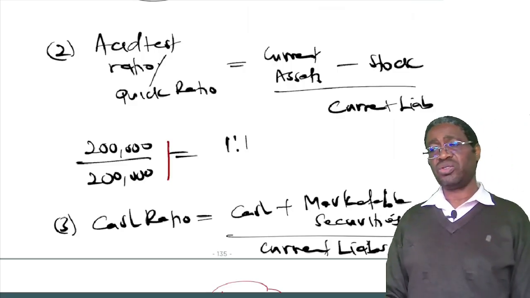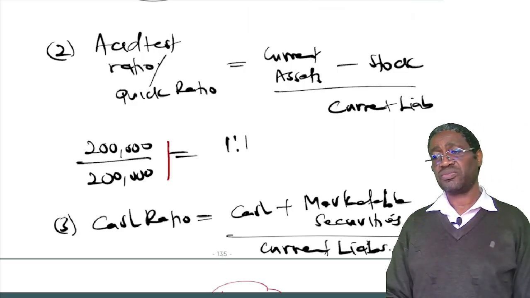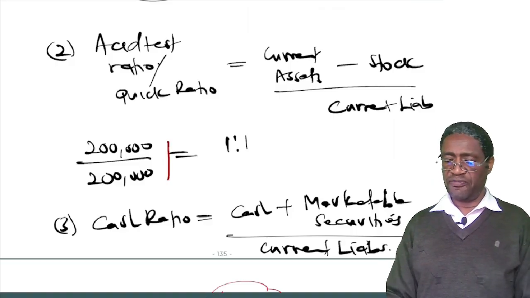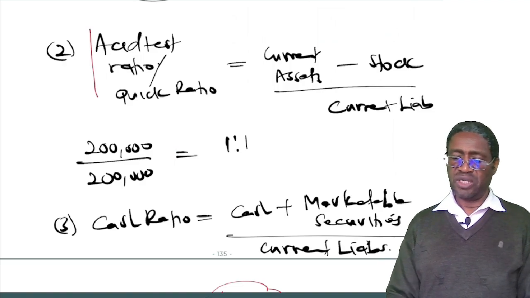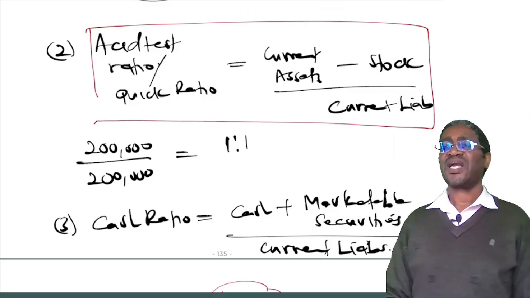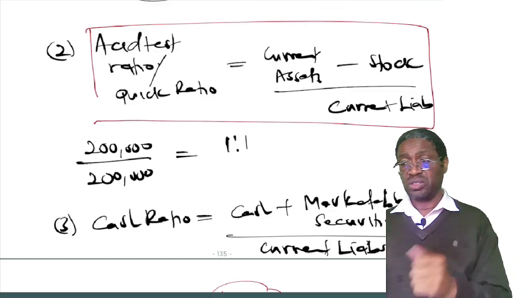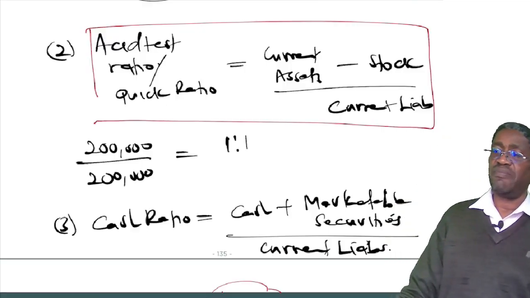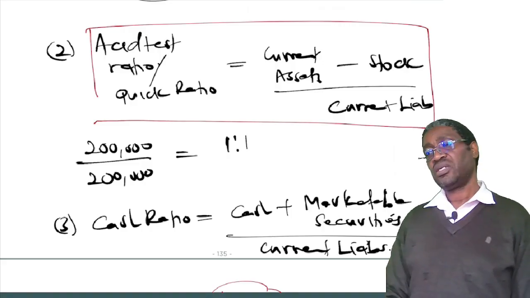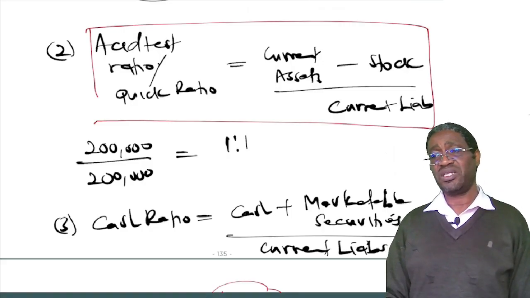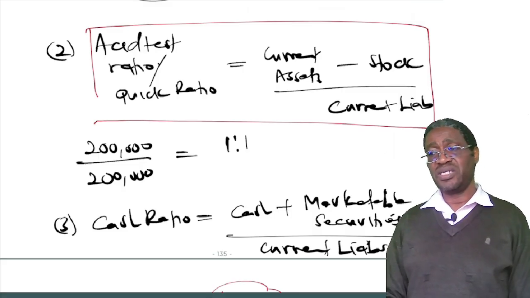You can copy the formula: acid test ratio equals current assets minus stock, which is also inventory, divided by current liabilities. You take current assets, minus stocks, and divide that by current liabilities.